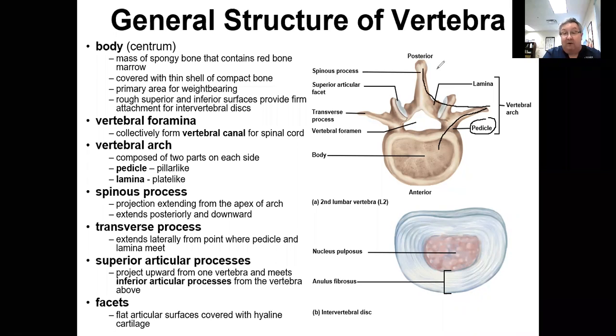And this whole area here is known as the vertebral arch. We have the spinous process, which is on the posterior side of the body. It's the part of the vertebra that you can palpate going down the spine.